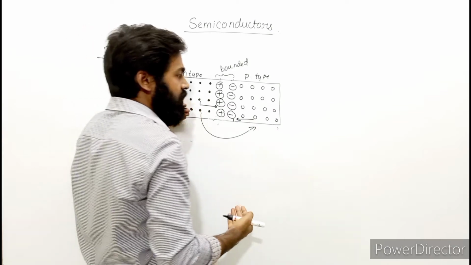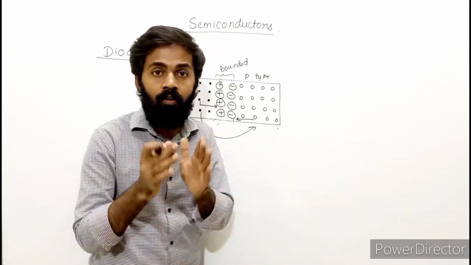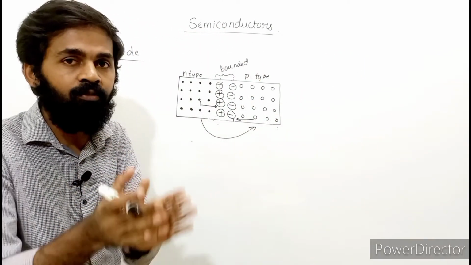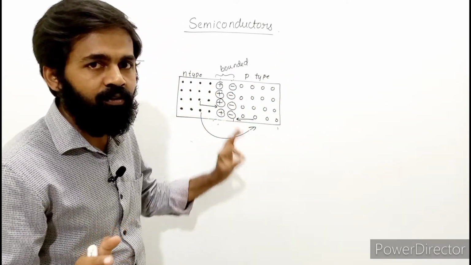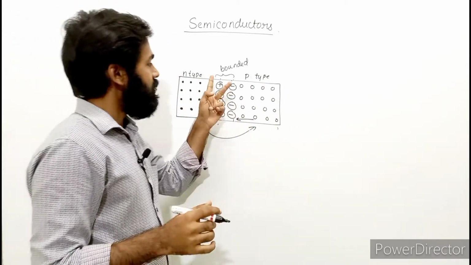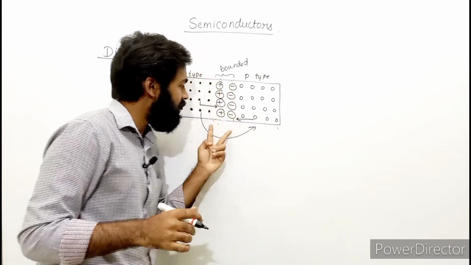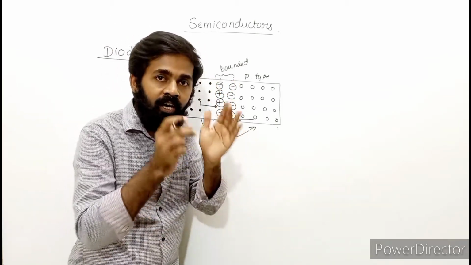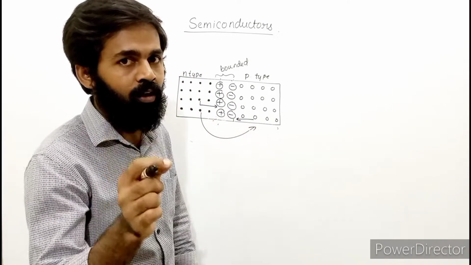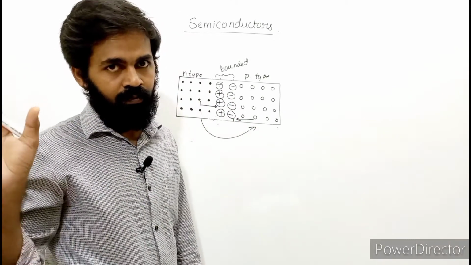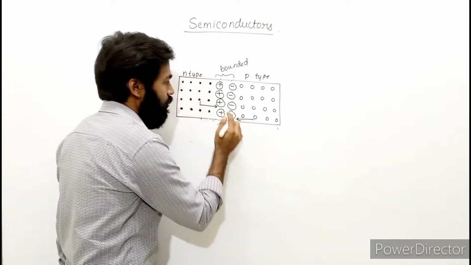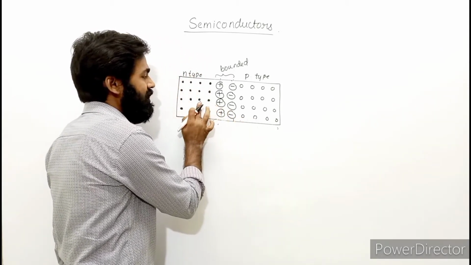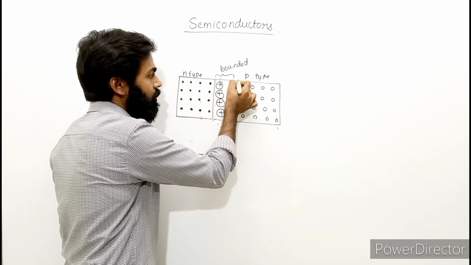These electrons cannot move towards right side. Now the process of diffusion is stopped, because whatever the ions formed here, they are opposing the flow of free charge carriers.